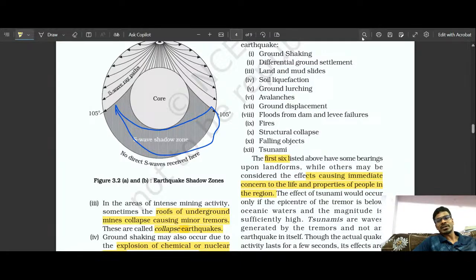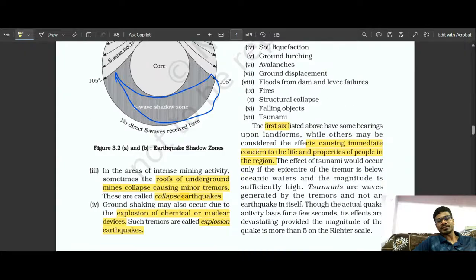The earlier ones can occur in any natural area, where it is not necessary that there is always a human settlement. But in most of the others, such as ground displacement or flood from dam, this is a settlement area. So if it is happening nearby, obviously it will cause immediate concern to the life and property of the people of that region.